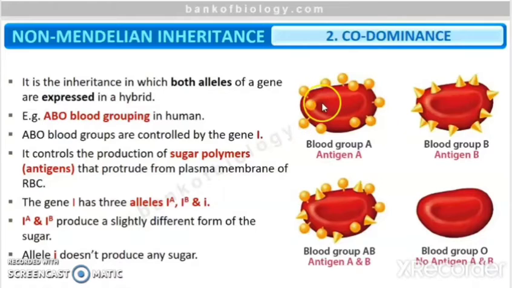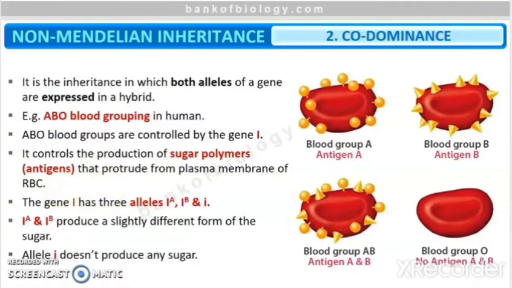So what type of sugar they produce depends upon the gene which is controlling it, which is the I gene. The I gene decides what type of sugar they produce. So it controls the production of sugar polymers, that is antigens, that protrude from the plasma membrane of the RBC. Clear?